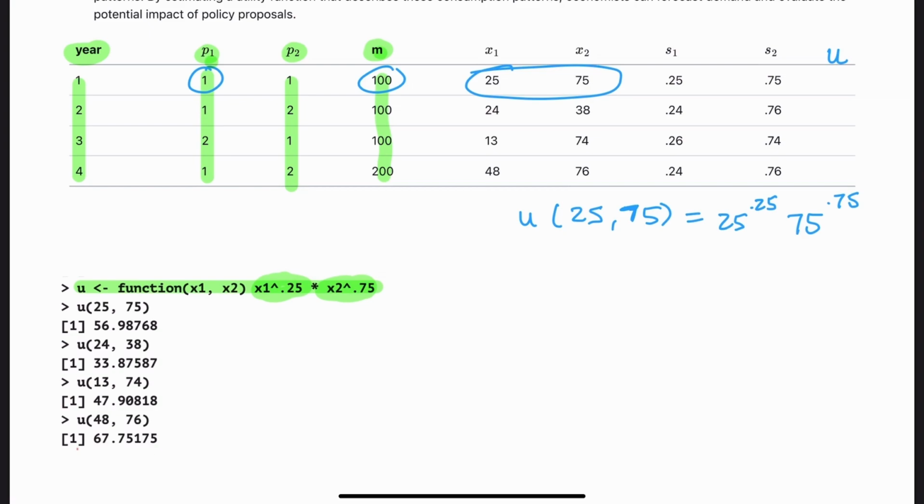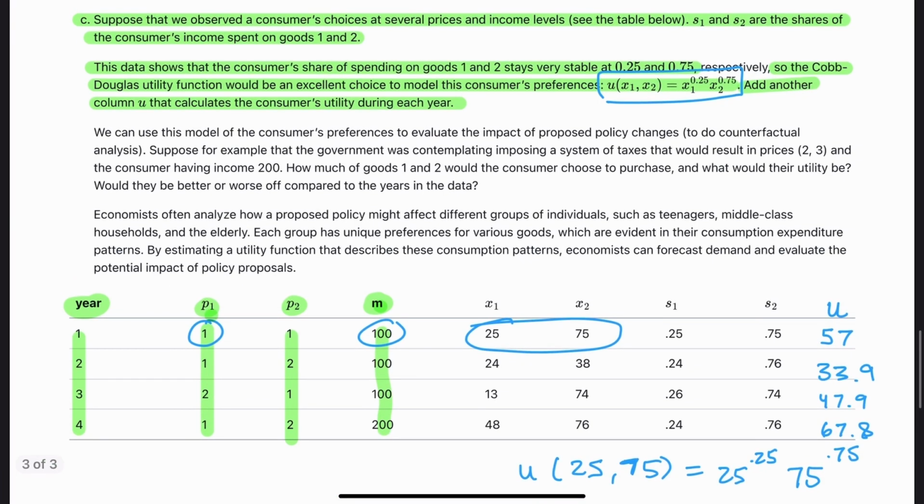I get a utility for year 1 of 57, then a utility for year 2 of 33.9, utility for year 3 of 47.9, and utility for year 4 of 67.8. All right, so that's the first part of the problem.